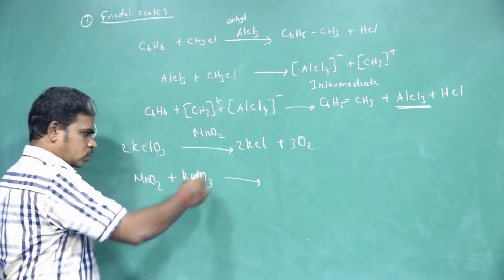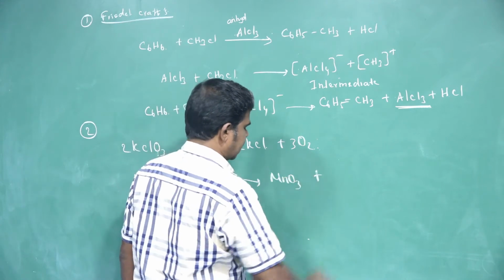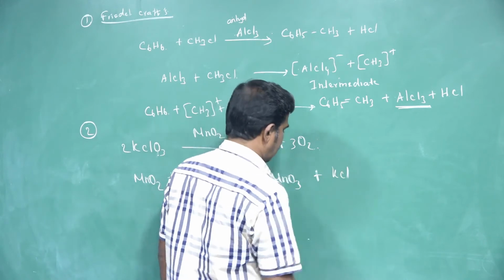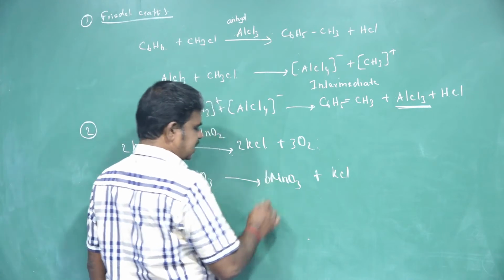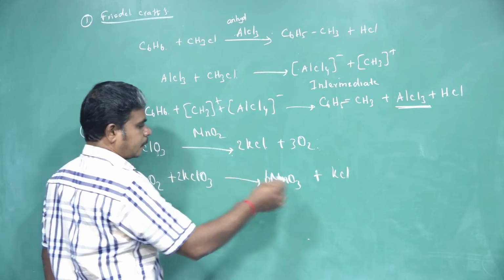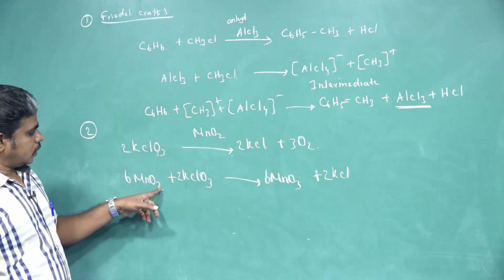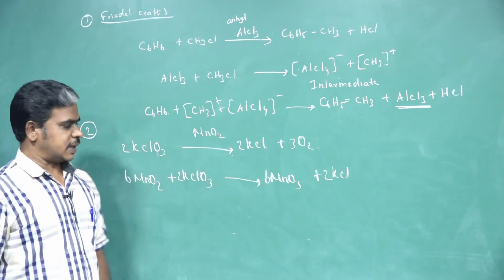Then MnO2 is converted into MnO3 and KCl is formed. So we are taking 6 MnO2 and 6 MnO3 and 2 KCl and 2 KCl. So here 12 and 6, 18. So oxygen 18, it is balanced.